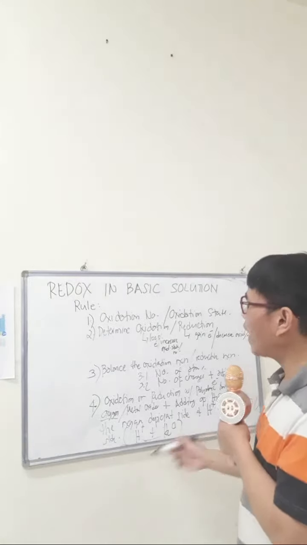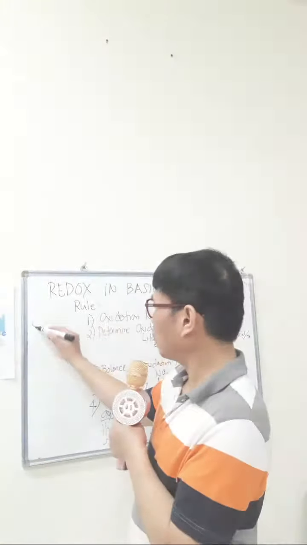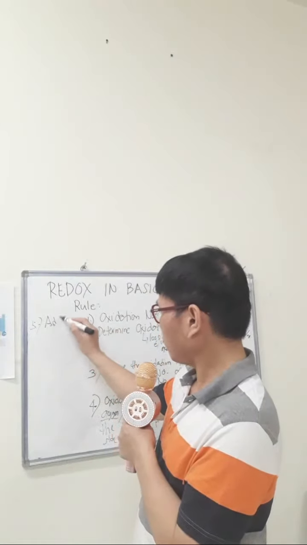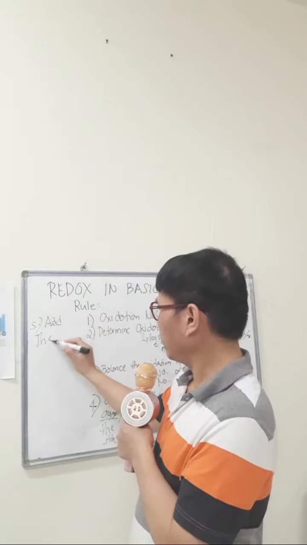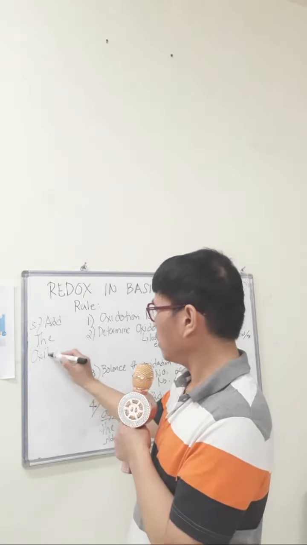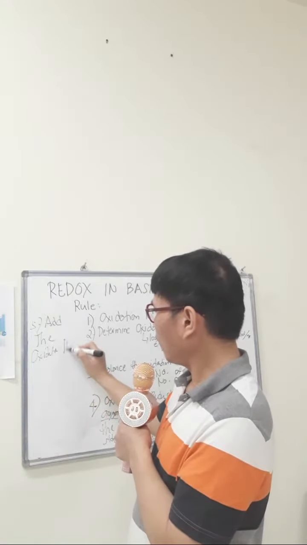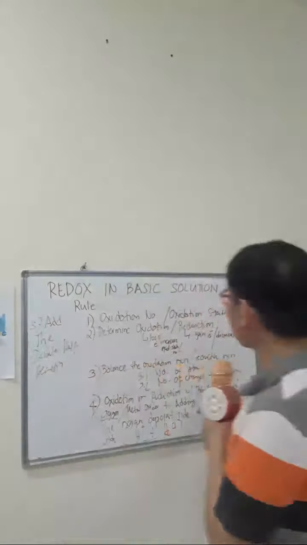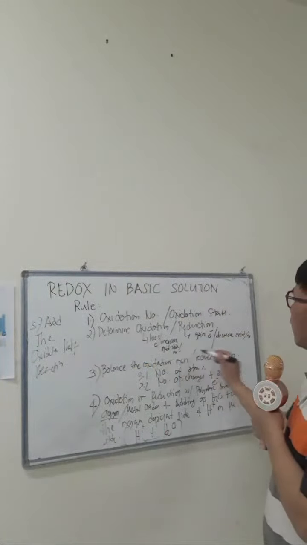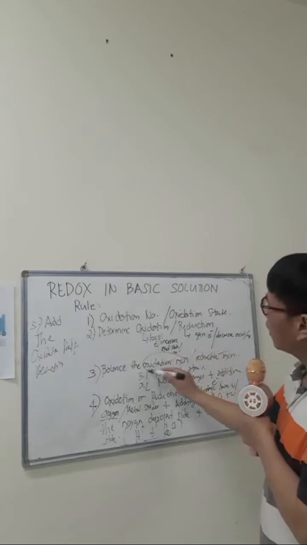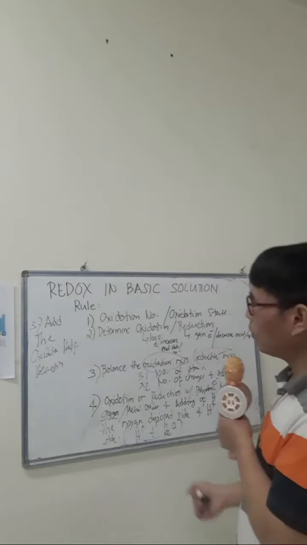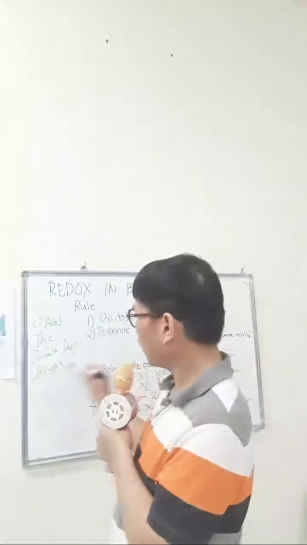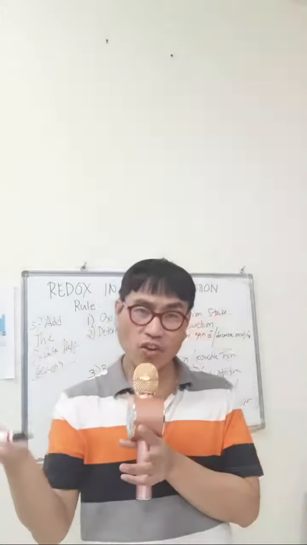Okay? So number 5, the last procedure, a rule. We have to add the oxidation half reaction and the reduction half reaction.